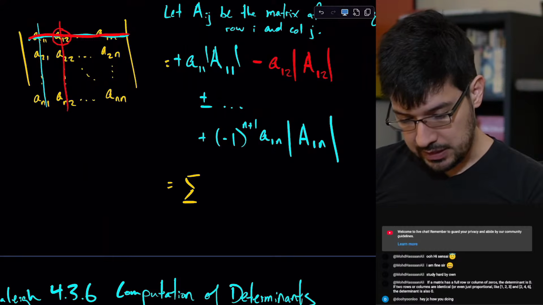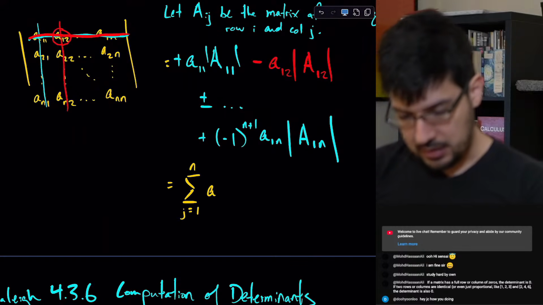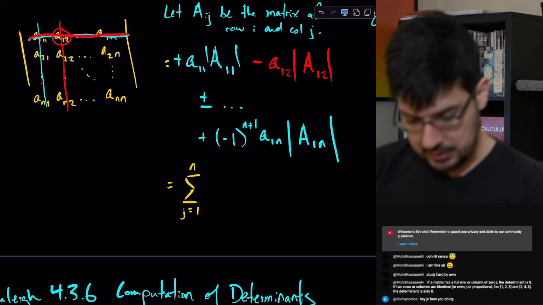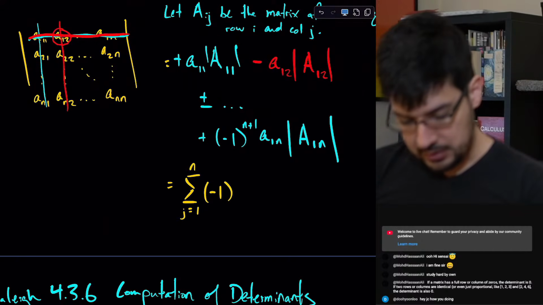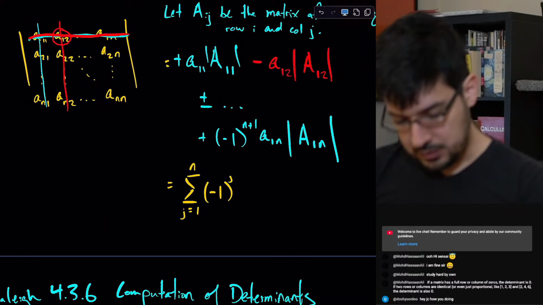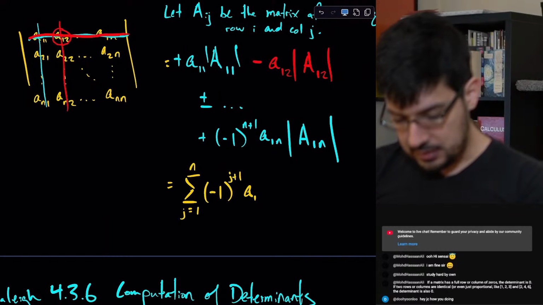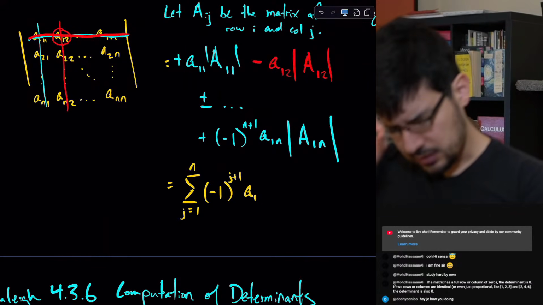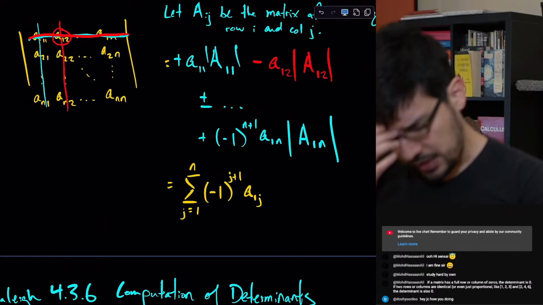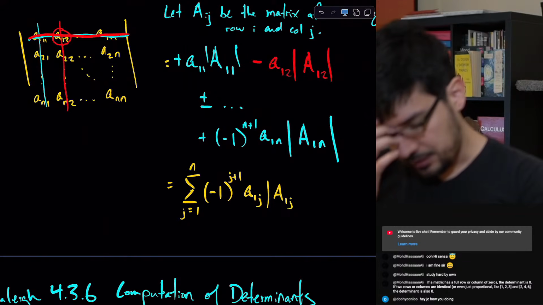In summation notation, we have the sum from j equals 1 to n, with an alternating sign, (-1) to the j plus 1, or j minus 1, however you prefer to think of it, times the coefficient a1j times the determinant of the minor matrix M1j.